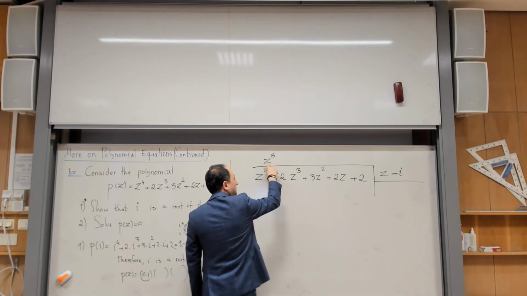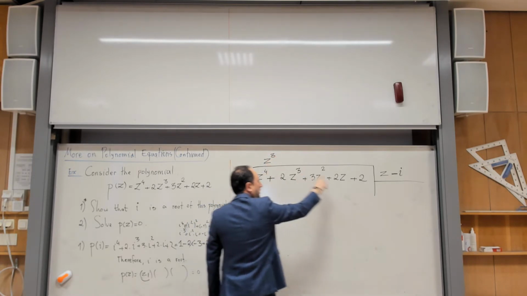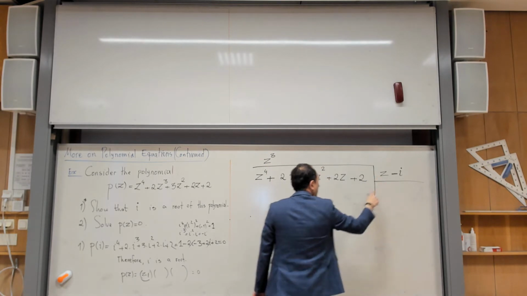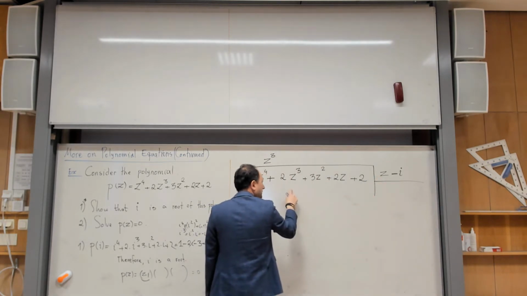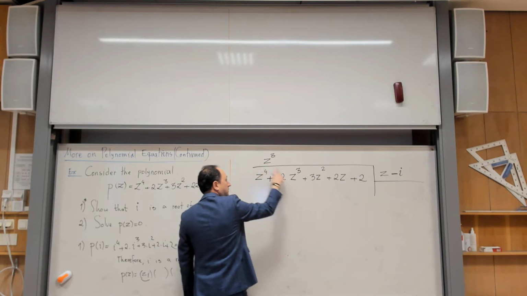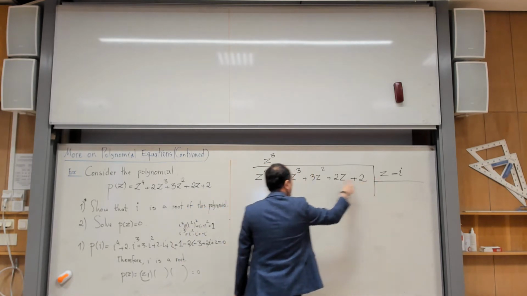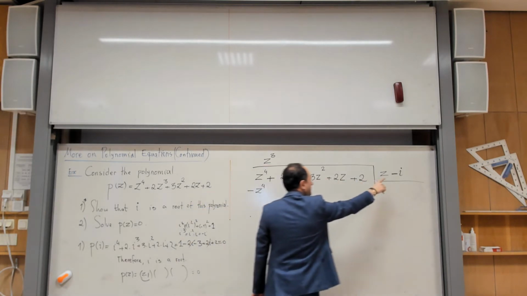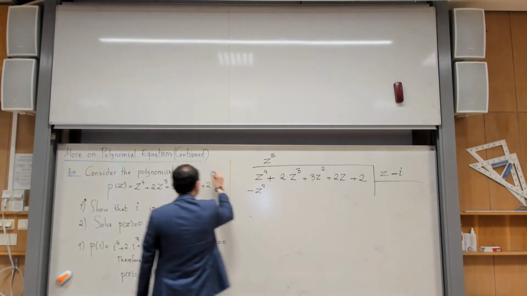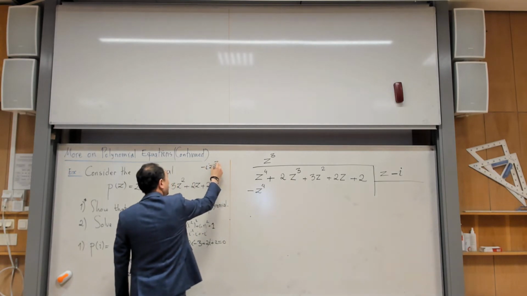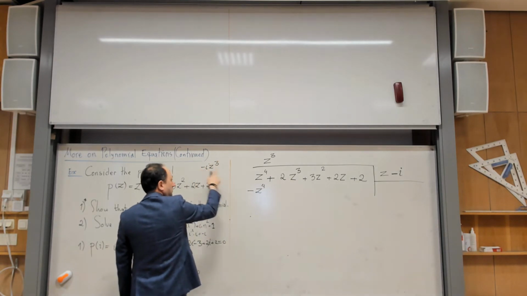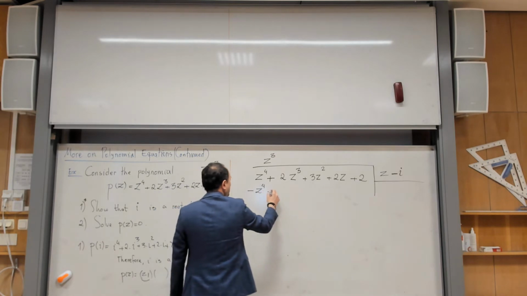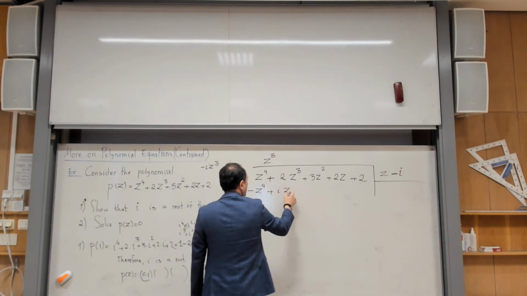And then you multiply, as before, this by the whole expression here, and write them here with the opposite signs. So z cubed times z is z to the 4, but when I want to move it here, I write minus z to the 4. z cubed times negative I becomes negative I z cubed, but I change its sign when I want to move it here, so it becomes positive I z cubed.